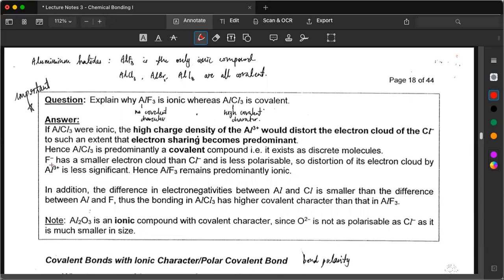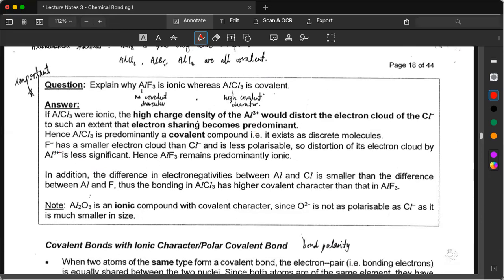The reason it cannot be ionic is that the aluminum ion has high charge density, so it is able to distort the electron cloud to such an extent that there is much more electron sharing. But fluoride has a smaller electron cloud and is therefore less polarizable, so the distortion will be less significant.